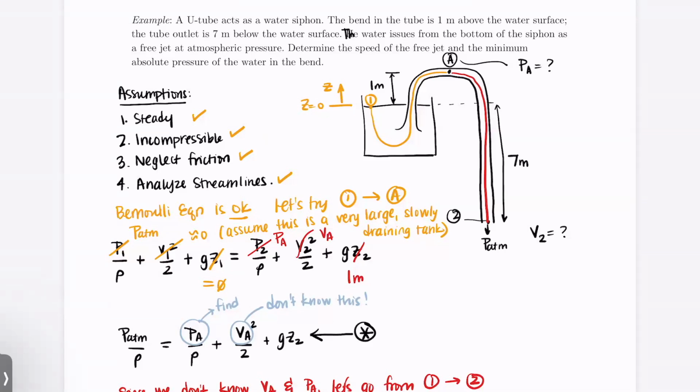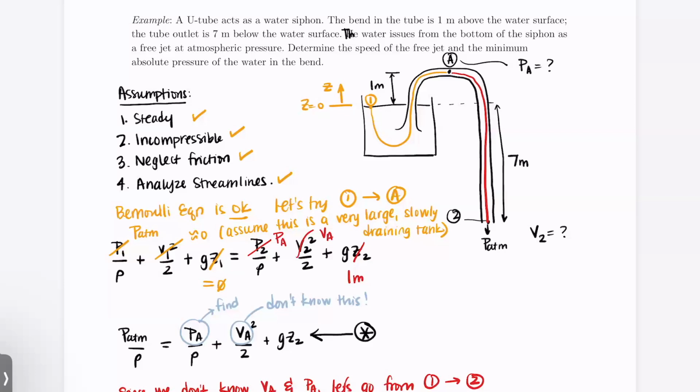And then you should also keep an eye out for locations where you know what the pressure or velocities are. Like in this case, at the top of the tank, we could make some assumptions about the velocity and the pressure. And at the outlet of the siphon, we were told it discharges to atmosphere, and then we were given a Z location. So that was a good choice too.